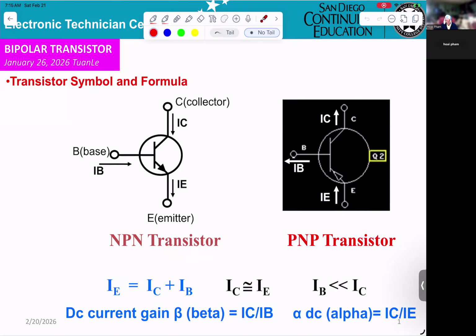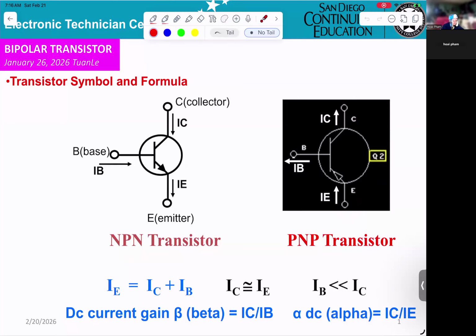The other thing we have to know is the current gain, beta, which by definition equals IC over IB. And alpha will be equal to IC divided by IE.